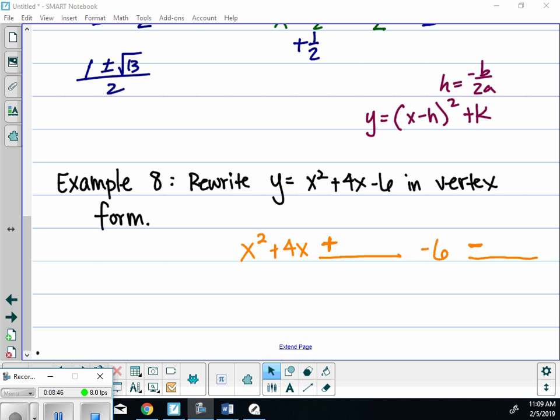Look at your number in front of x, divide it in half. We get 2, square that, we get 4. So I'm going to add 4 there on the first blank, and I'm going to subtract 4 on the second blank.